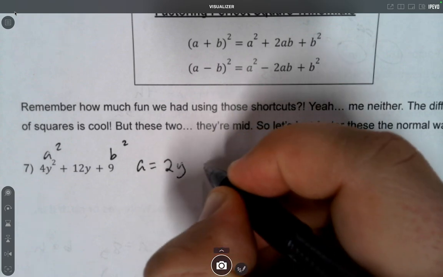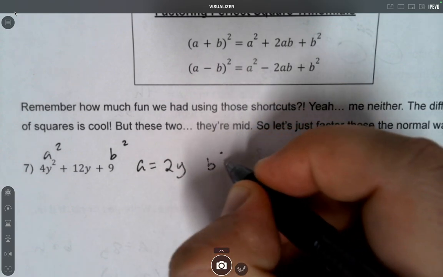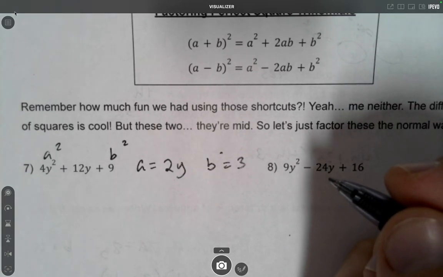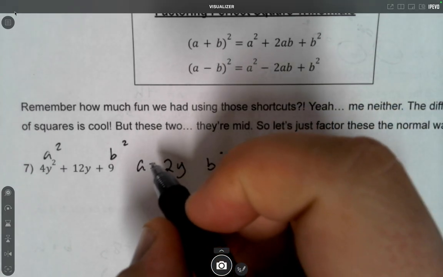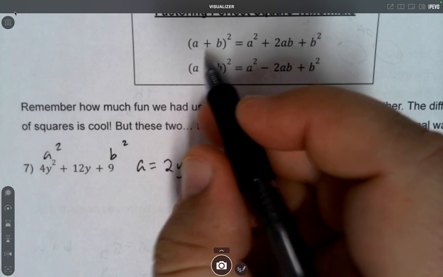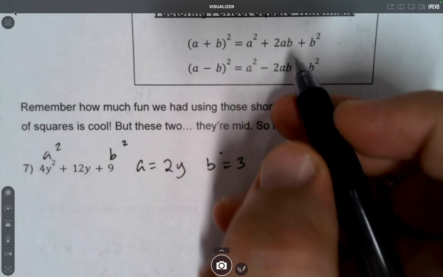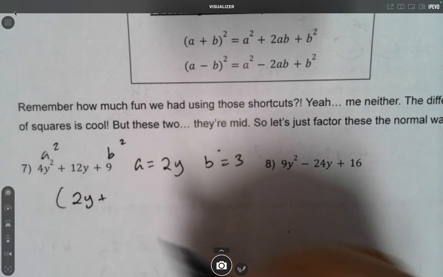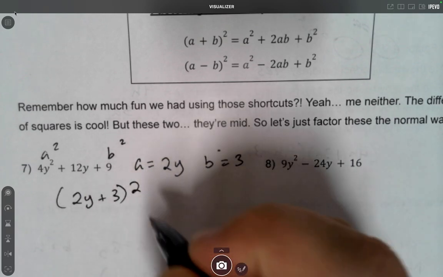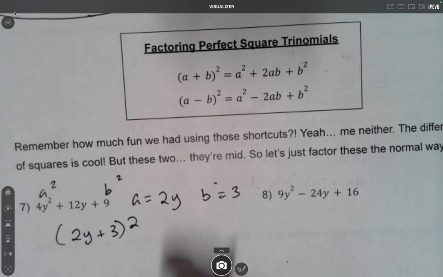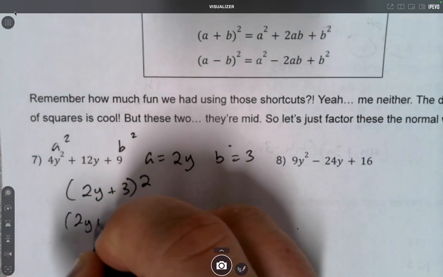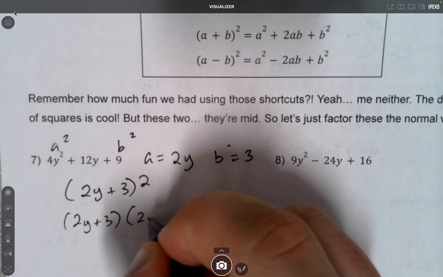Square root of y squared is y. For b, the square root of 9 is 3. So then I say, okay, now that I've got a and b, I can just say this pattern right here is equivalent to 2y plus 3 squared. Or if you'd prefer to write it as 2y plus 3 times 2y plus 3, that would be fine too. Either one of those answers is good.